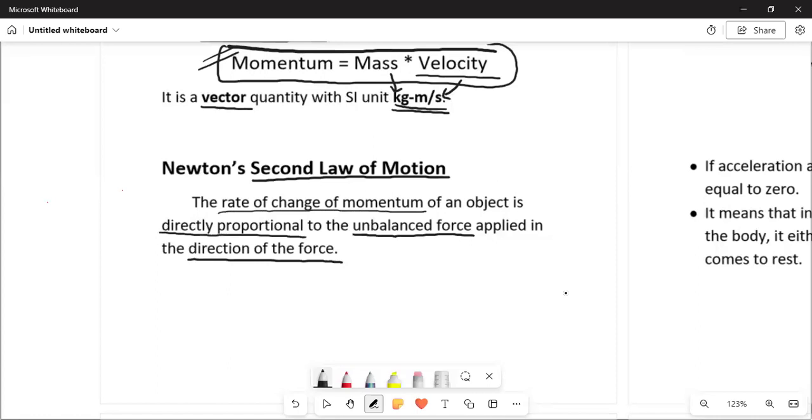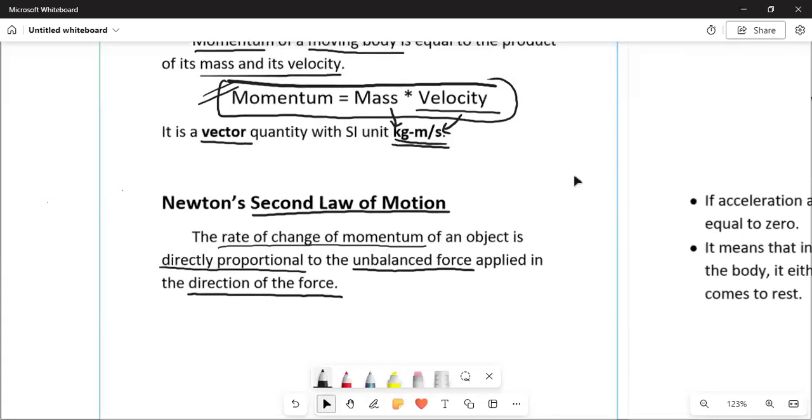Now what is it saying? The rate of change of momentum means the momentum will change, and the change in momentum will be because of the change in the velocity of the object. See, your mass will always remain constant, whatever may happen.